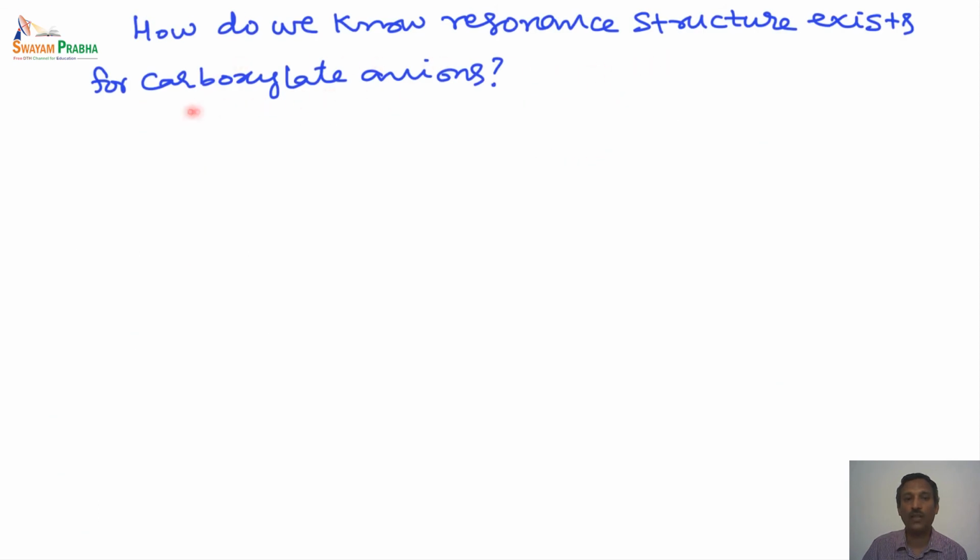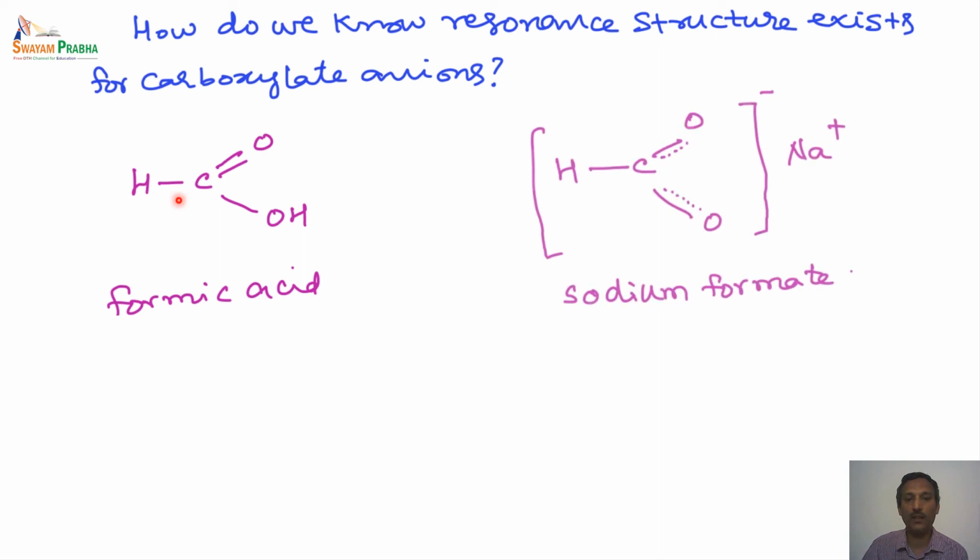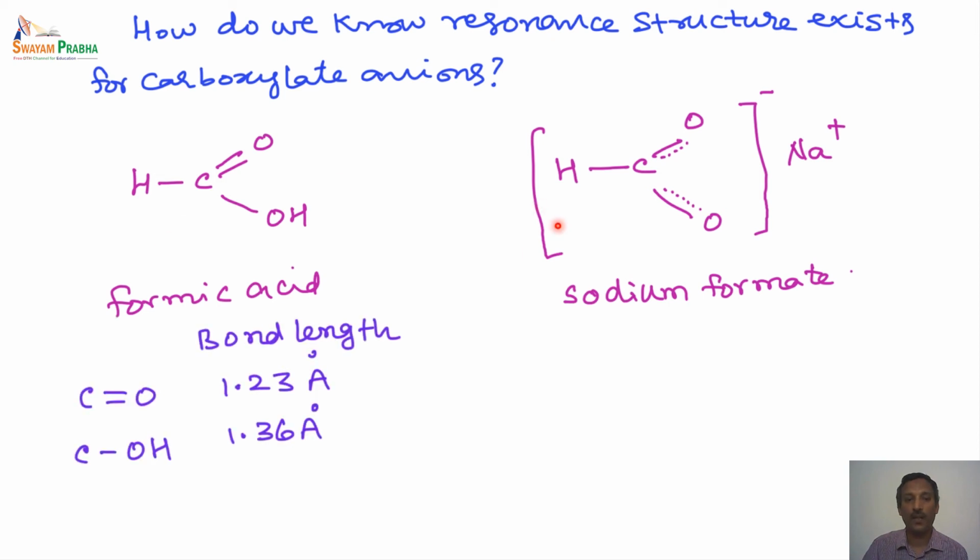Now, how do we know the resonance structures actually exist for the carboxylate anion? So this is the biggest question we have to answer. Now if we take formic acid and sodium formate, we have two types of compounds present. One is a stable carboxylic acid, another one is a carboxylate anion. So do they actually exist?